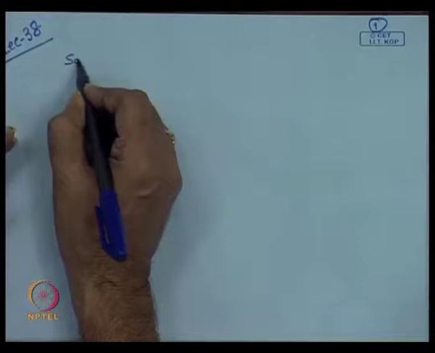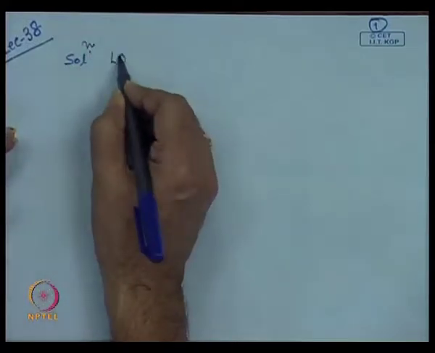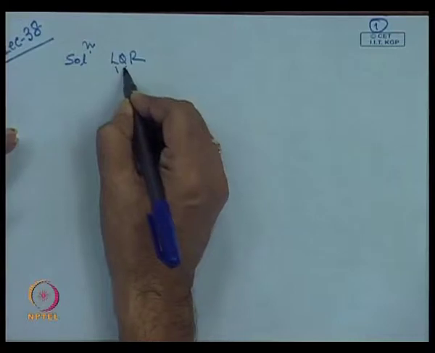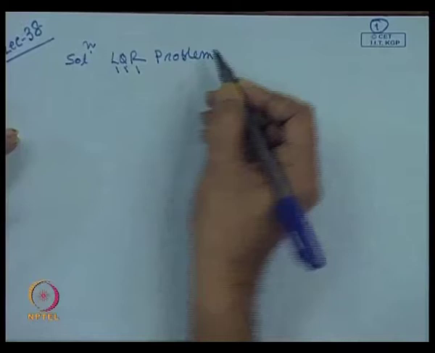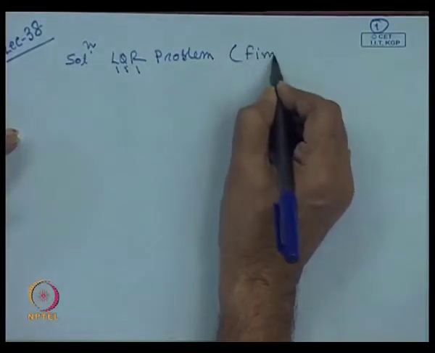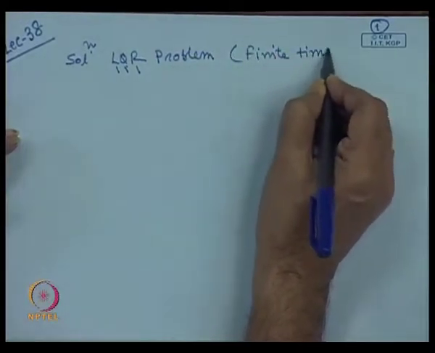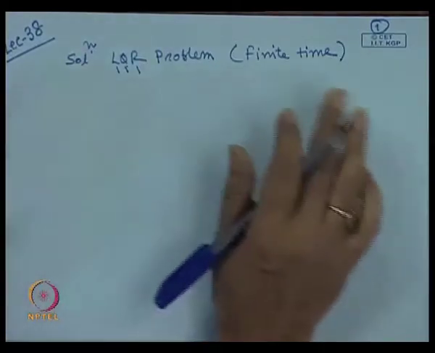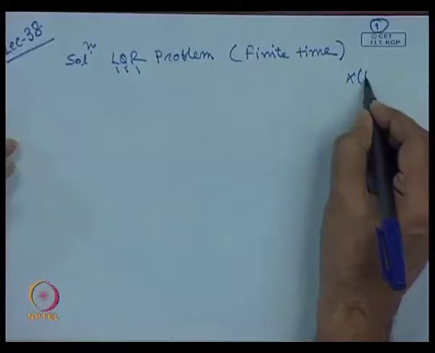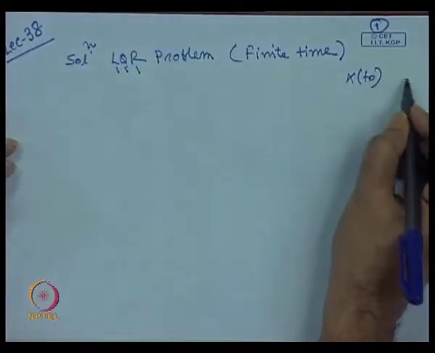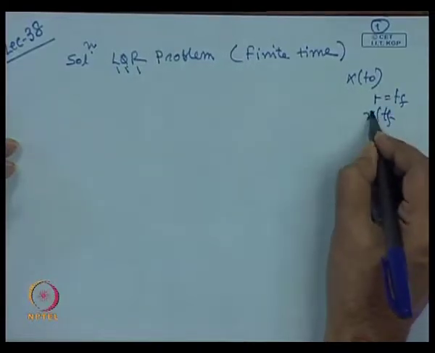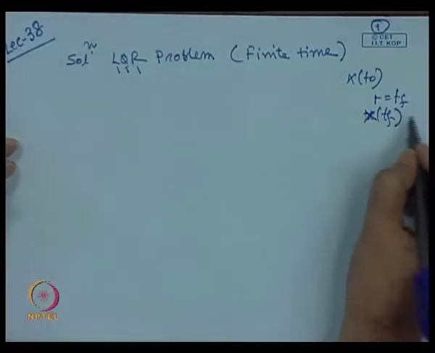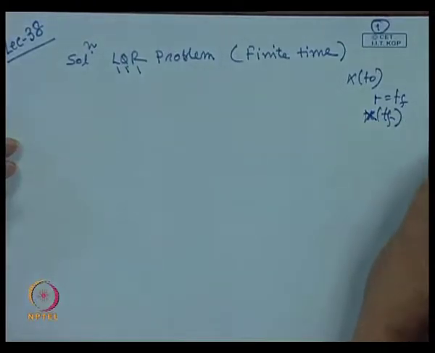Next, we consider the solution of the linear quadratic regulator problem for a finite time interval. Once again, we define our aim as driving the state x from t equal to t 0 to the final state at t equal to t f, that is x of t f, near about the origin or zero.